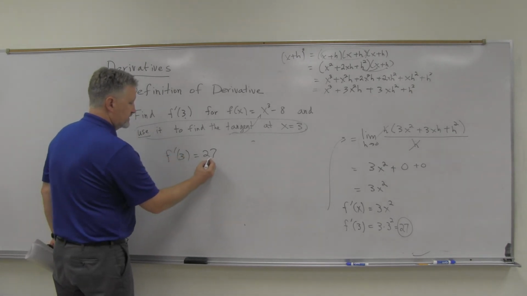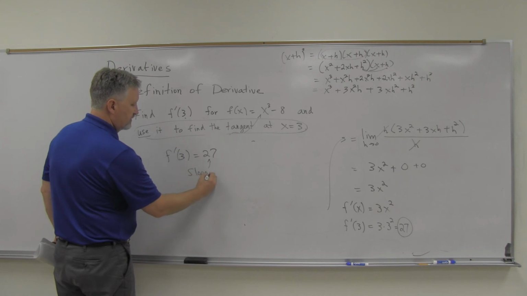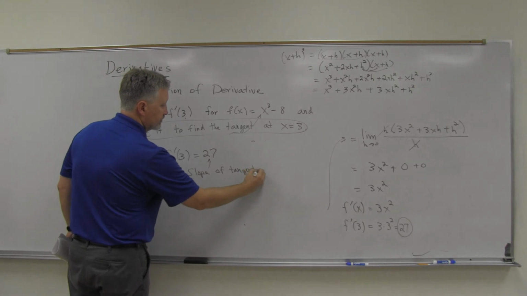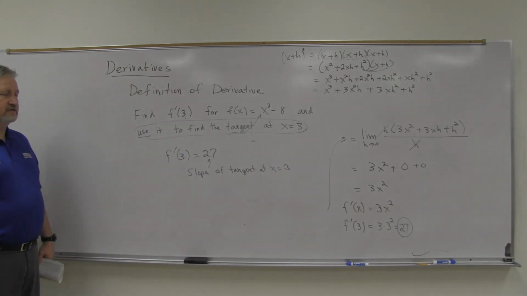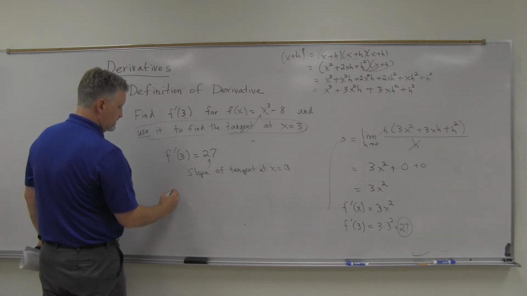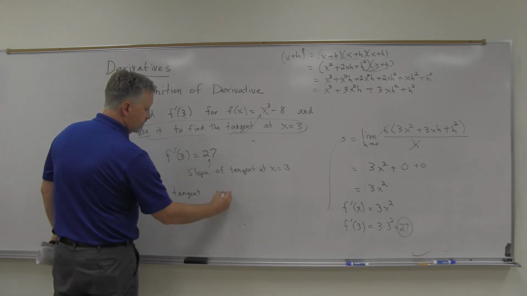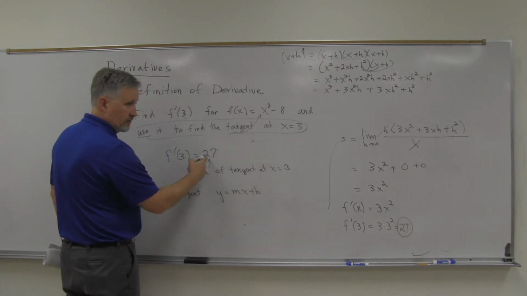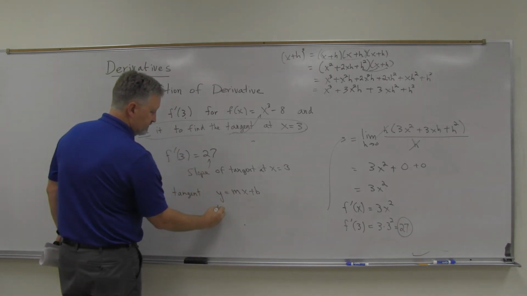So f prime of 3 equals 27 means that 27 is the slope of the tangent at x equals 3. My tangent line is a line, so it's y equals mx plus b. This derivative I found is the slope of the tangent, so m is 27.